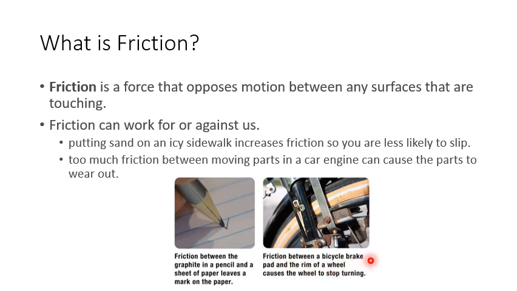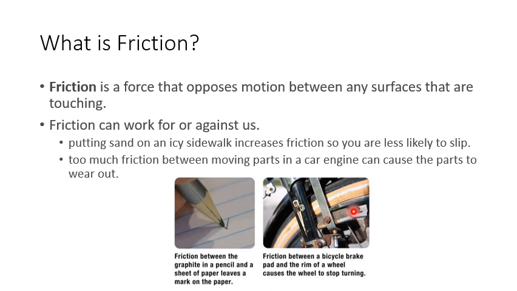Friction on your bicycle wheel is good because the brake squeezes and pinches and rubs against the inside of the wheel, and that slows you down too. So good friction, these are good things.